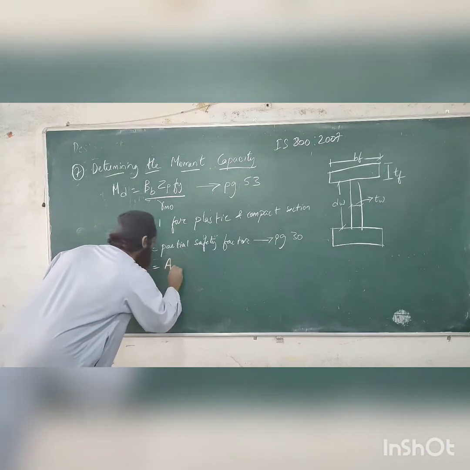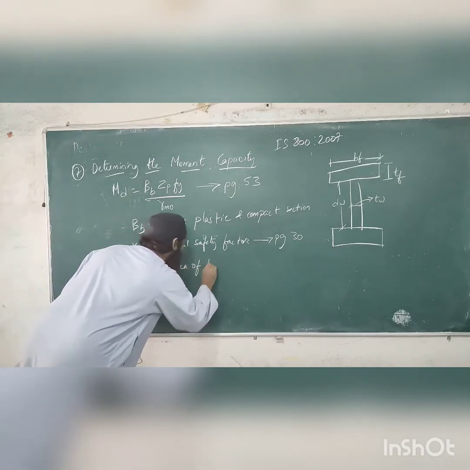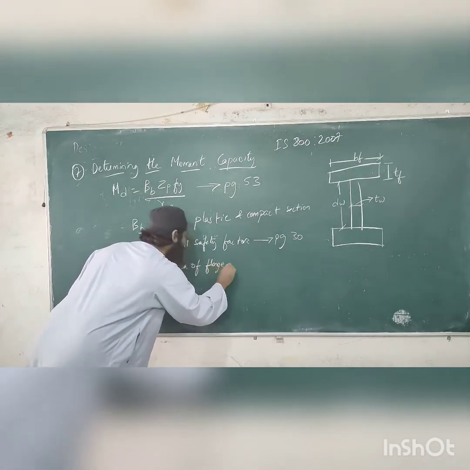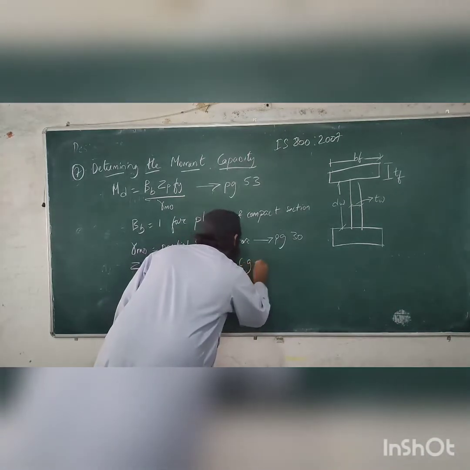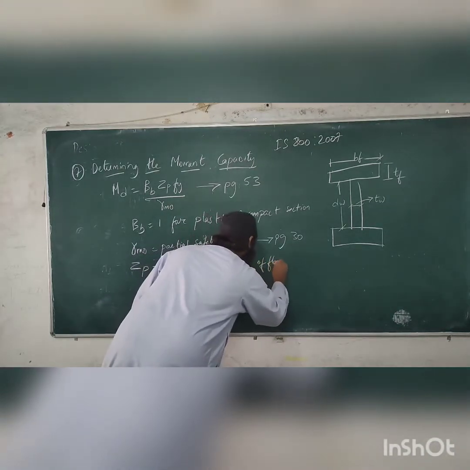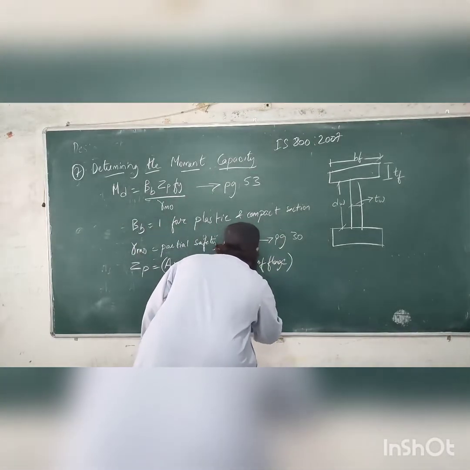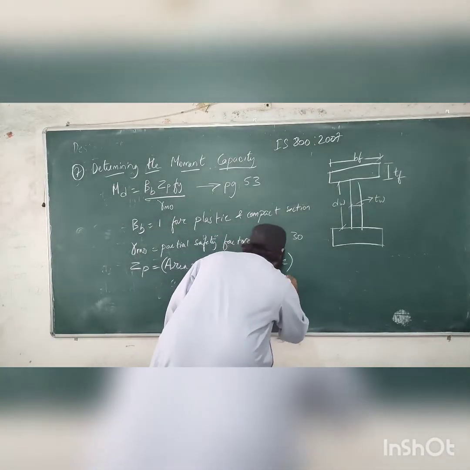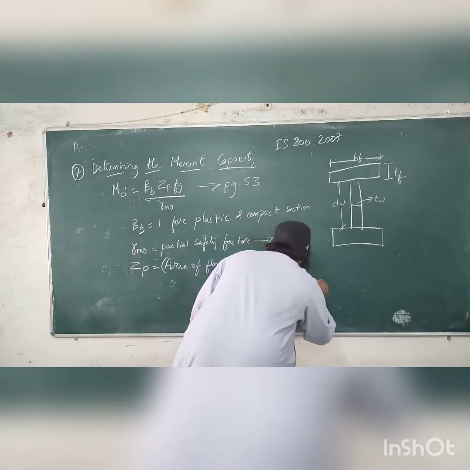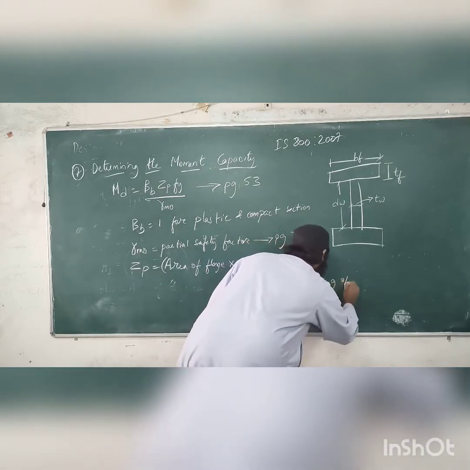ZP is equal to area of flange into CG of flange plus area of web into CG of web.